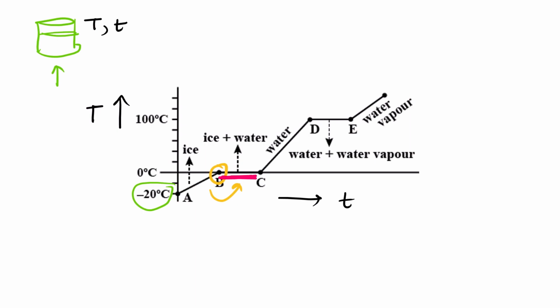And then the temperature of water will rise again, and at 100 degrees Celsius at room temperature and pressure, it will again change from water to water vapor. So again latent heat is being used to convert it into vapor. So this is how it works. That is why the graph looks something like this. These flat regions are due to the latent heat.